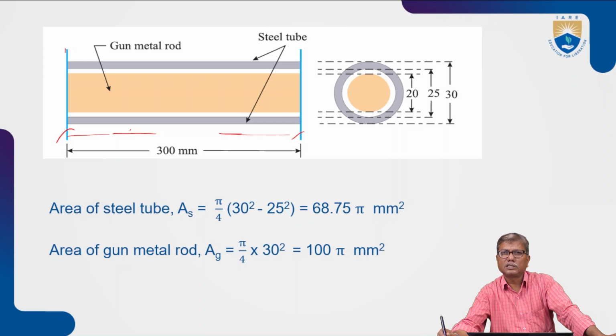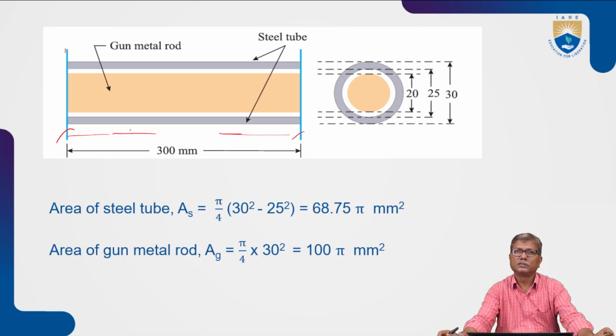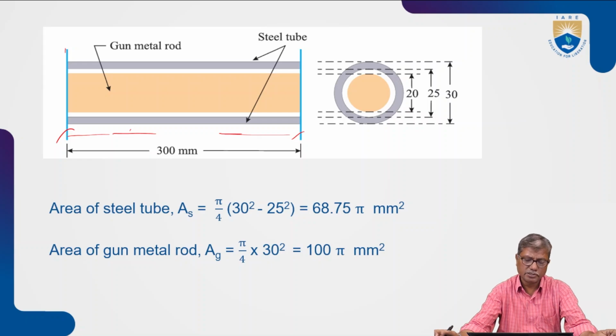But as they are connected tightly at the end, they both expand by the same amount, delta, which causes a compressive force in gunmetal and tensile force in steel.